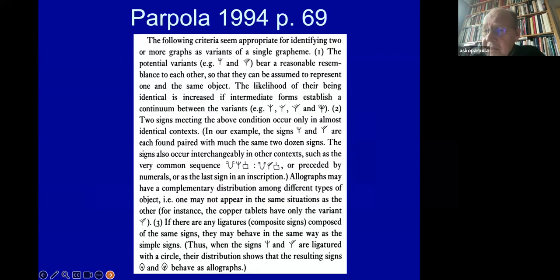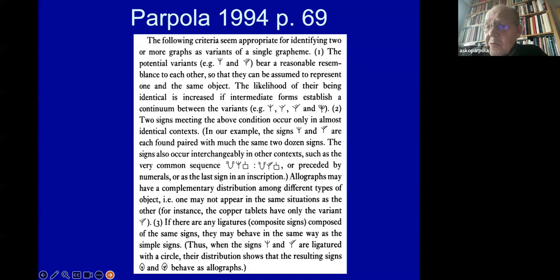I have suggested the following criteria for identifying two or more graphs as variants of a single grapheme. 1. The potential variants bear a reasonable resemblance to each other, so that they can be assumed to represent one and the same object. The likelihood of their being identical is increased if intermediate forms establish a continuum between the variants. 2.